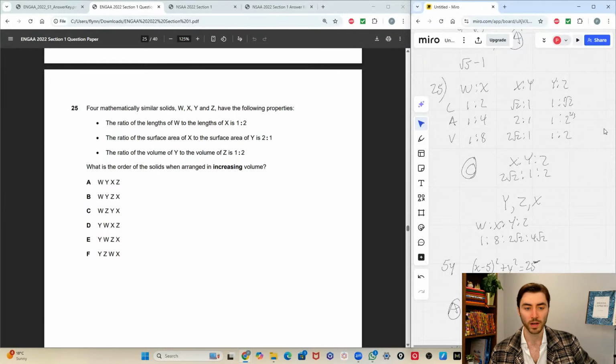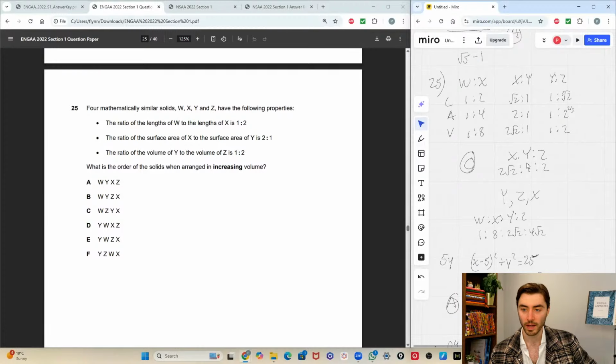Ratio of the volume of Y to the volume of X. If that's 1 to 2, well, it's 1 to 2, the end. Increasing volume. So the Y's were already lined up, so I could smash those together, and multiplying everything by 2 root 2 gave me that. So it's W, Y, Z, X, which is B.